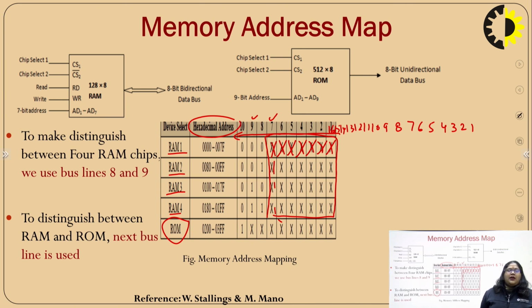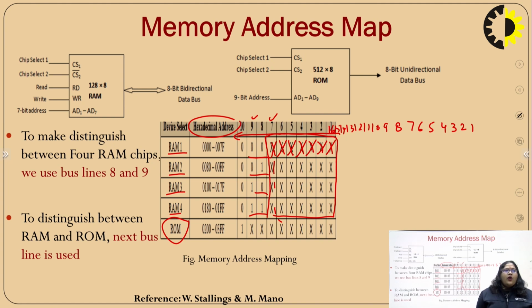How many binary bits are required to designate these 4 RAMs? Because of the 4 RAMs, these take 2 bits: 0 0, 0 1, 1 0 and 1 1. So for RAM 1 we use 0 0, for RAM 2 we use 0 1, RAM 3 we use 1 0 and RAM 4 we use 1 1.